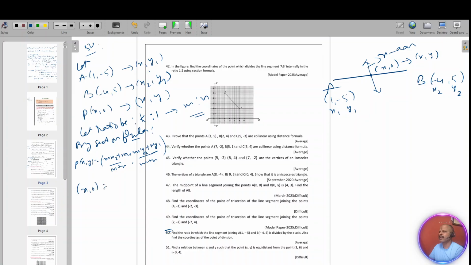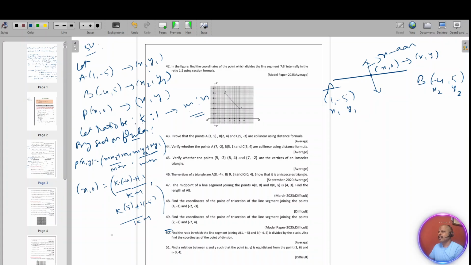P of x y is x comma 0. M is k. X2 is minus 4, plus n is 1, x1 is 1, by m plus n, which is k plus 1. Similarly, M is k, what is y2? 5. m y2 plus n y1, n into y1 is minus 5, by k plus 1.